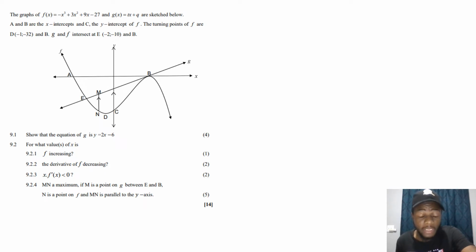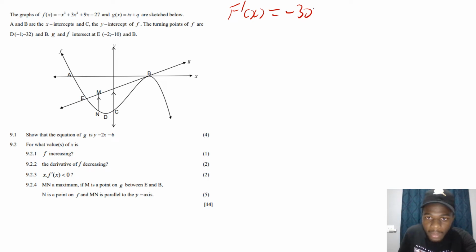But the easiest point to find here is point B, because point B is also the turning point of our cubic function. So it means we can simply differentiate our cubic function and equate it to 0, because we know on the turning point the gradient, or the derivative, is equal to 0. So let's go. Then f prime of x is equal to negative 3x squared plus 6x plus 9.